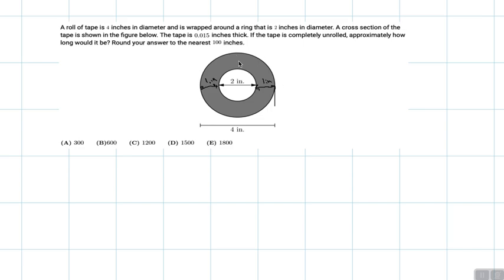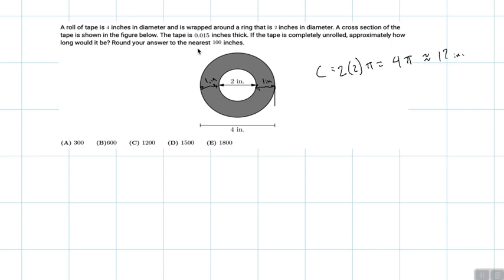So the circumference of this circle is going to be 2 pi r, which is 4 pi, which is about 12 inches.